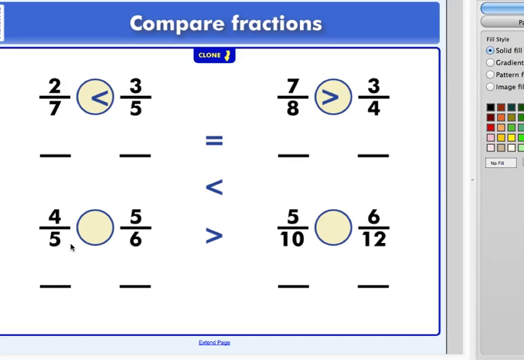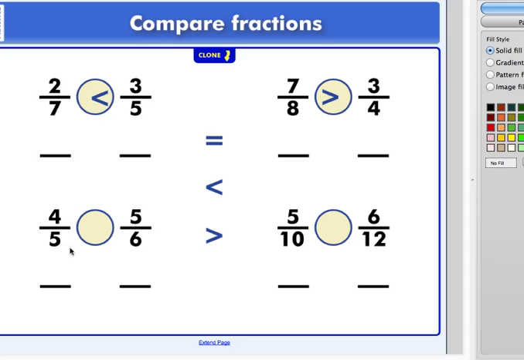Each of these fractions are only one piece away from being a whole. Is a 1/5 piece going to be a bigger chunk missing than a 1/6 piece, or a smaller chunk missing? Yeah, it's going to be a bigger chunk missing. And so that can tell me that 4/5 is less than 5/6.